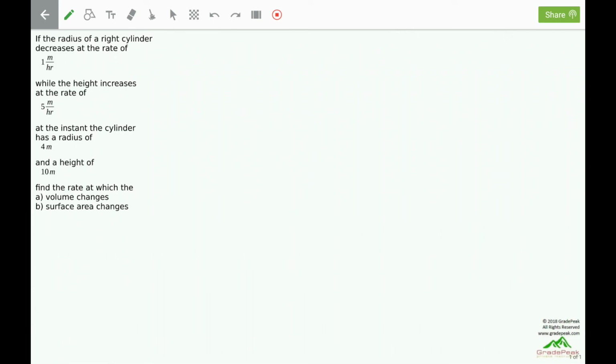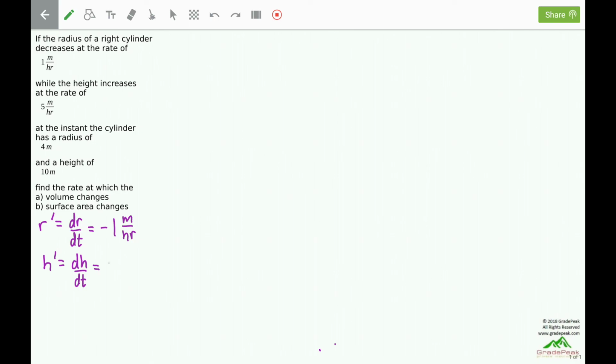The first thing given is the rate at which the radius changes, r prime, or dr dt. Since it's decreasing, it will be a negative, and it has a rate of 1 meter per hour. Also given is the rate at which the height changes, h prime, or dh dt.